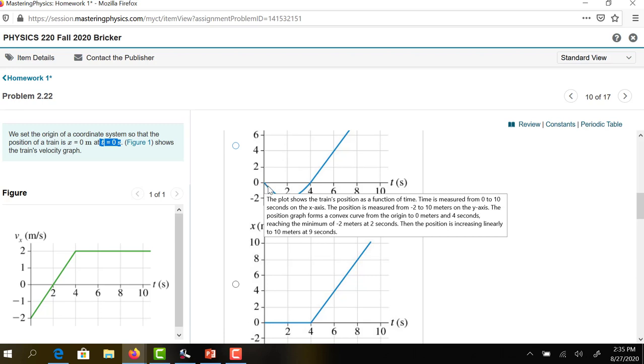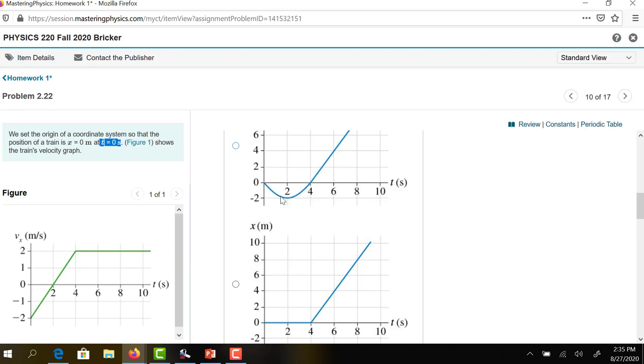Slope of the tangent line negative, tangent line getting less and less. Slope of the tangent line 0 at 2 seconds, meaning the velocity is 0 at 2 seconds. Slope of the tangent line getting more and more positive, velocity getting more and more positive until we hit this linear region. So then here's where the velocity stays at 2. So it's got to be this choice here.